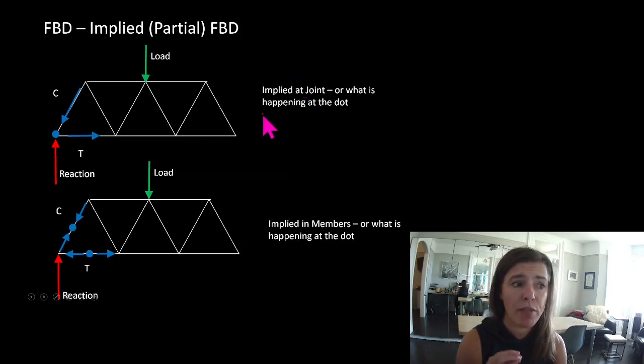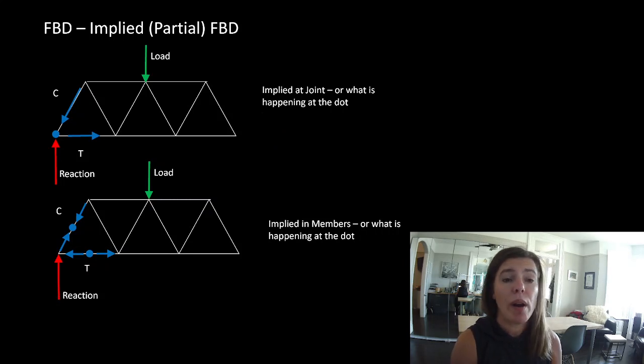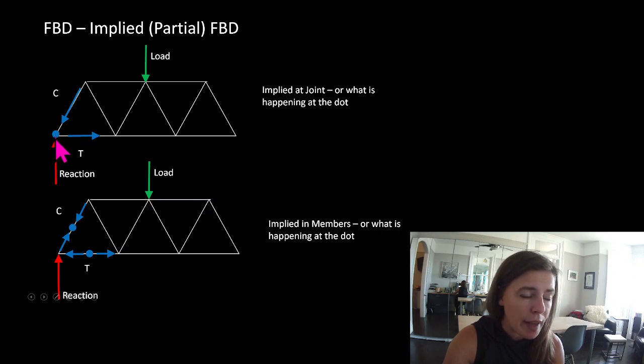Okay, before we can go any further, we talked about what a free body diagram looks like for the object as a whole. Let's talk about what an implied or a partial free body diagram means. So if we're talking about a joint right here, if we were talking about what's happening internally on these members, and we're talking about this point right here, if an arrow is pointing towards the point, it is saying that we are in compression.